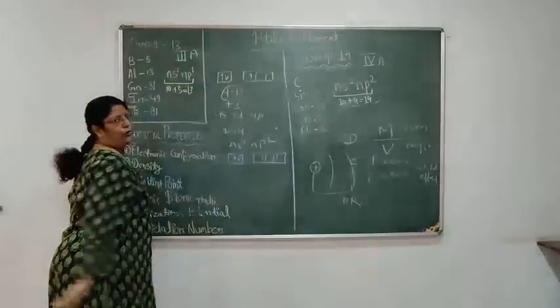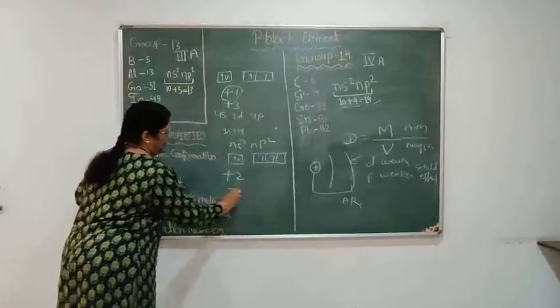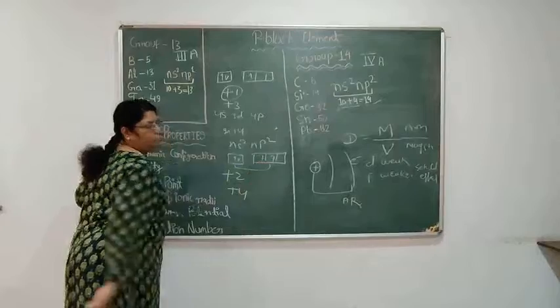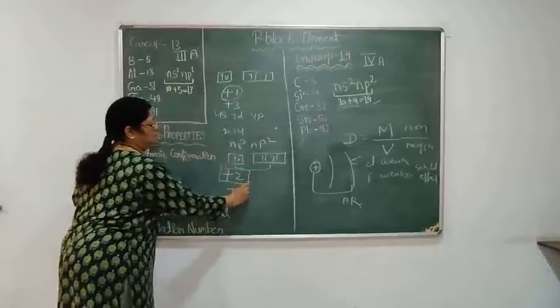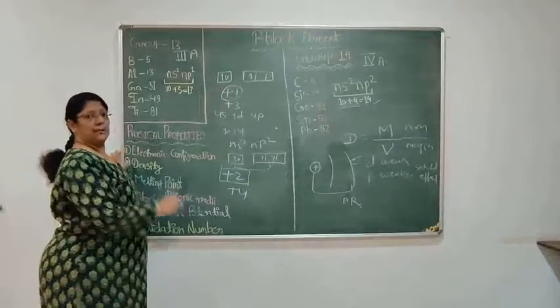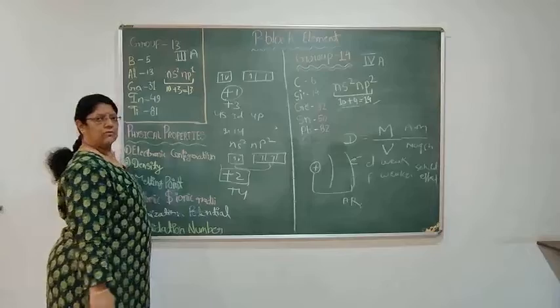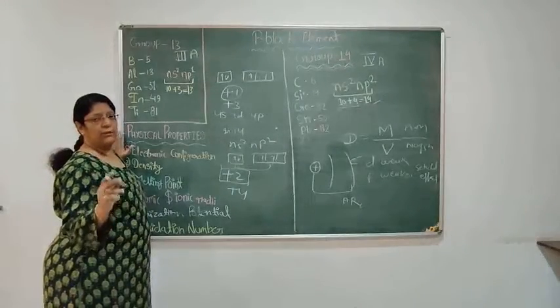In the case of group 14, they show +2 for the p electrons and +4 for the whole set. As we move down the group, the +2 oxidation number becomes more stable for the same reason. As we move down, d and f orbitals start.